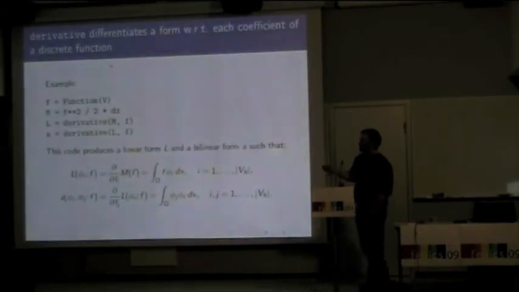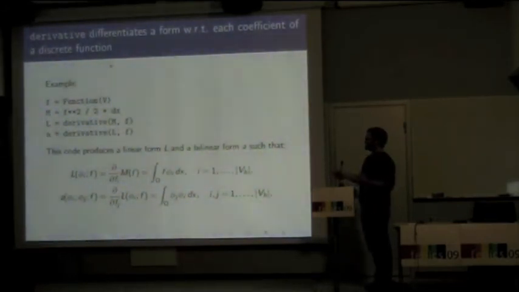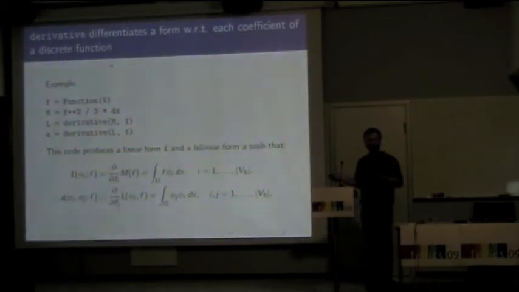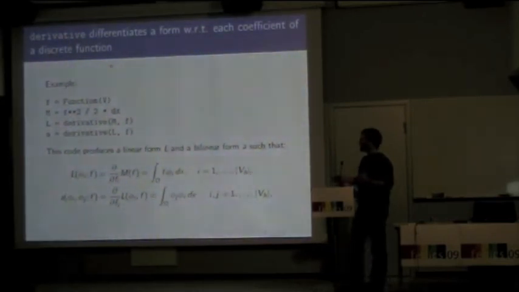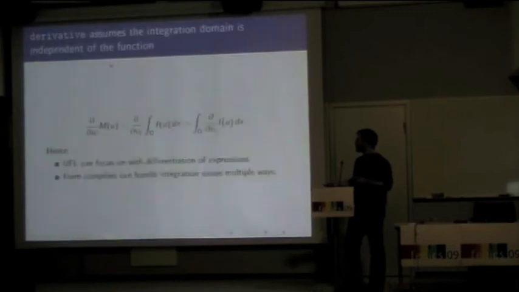The point here is that the derivative of some form with respect to f means the derivative of the form with respect to each coefficient of the discrete function f. So with respect to the coefficients and not with respect to the function value.